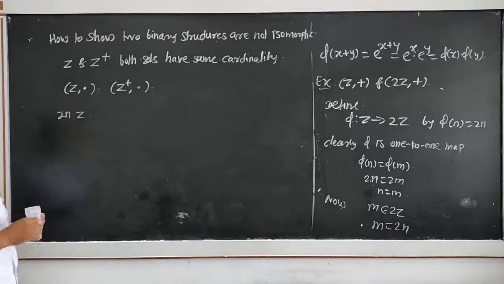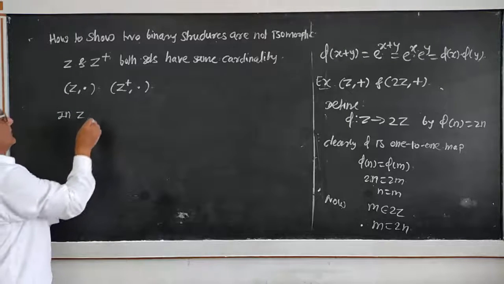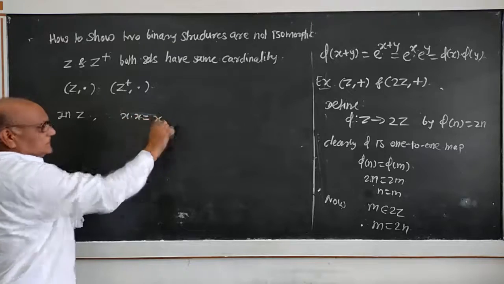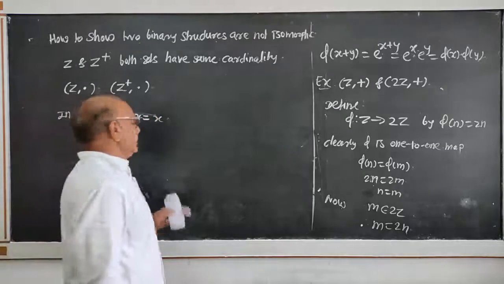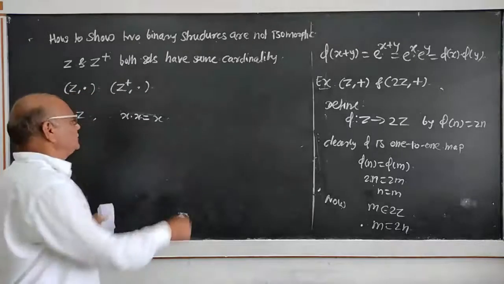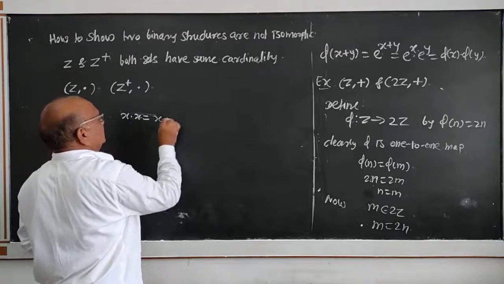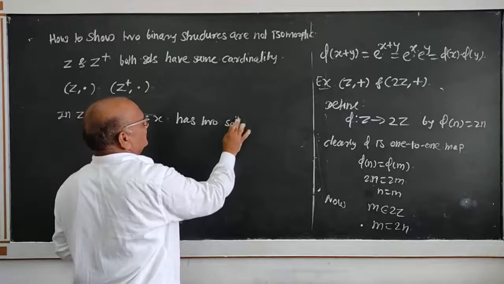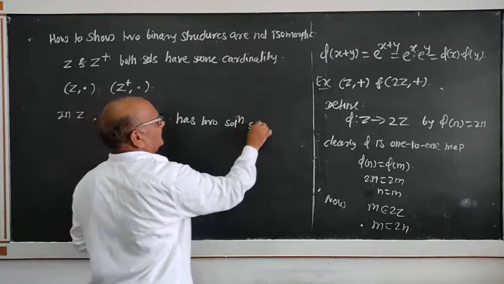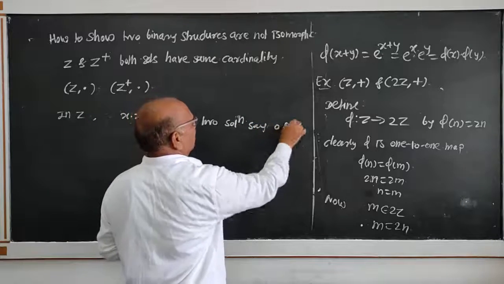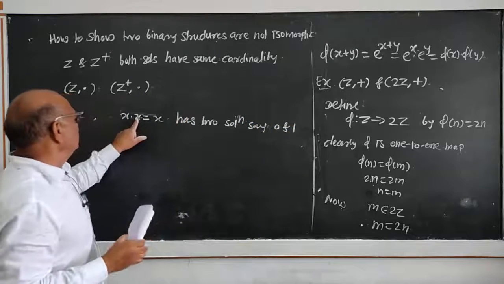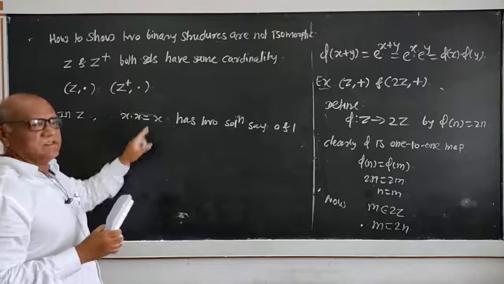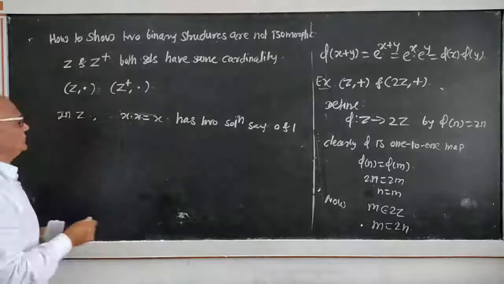In Z, x into x is equal to x. This equation has two solutions, say 0 and 1. Here 0 into 0 is equal to 0 and 1 into 1 is equal to again 1. That means it has two solutions.